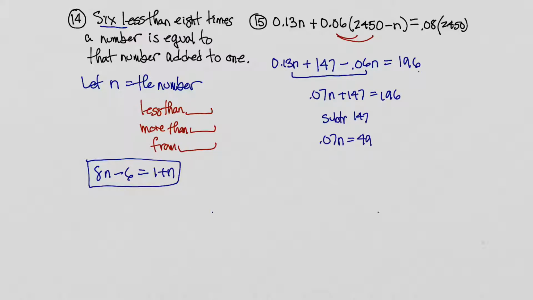And now we are going to divide by 0.07. So dividing by 0.07 on the left side, which is 0.07 divided by 0.07 is 1, so we just get n equals, now maybe on your calculator, or you can maybe do this one in your head, you're going to get 49 divided by 0.07. That turns out to be 7, right? 49 divided by 7, but you've got a couple of decimal places you have to account for. Turns out that that is 700.